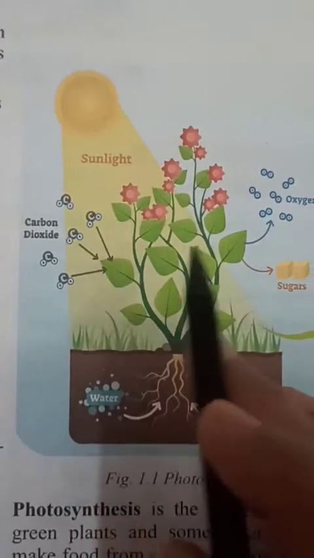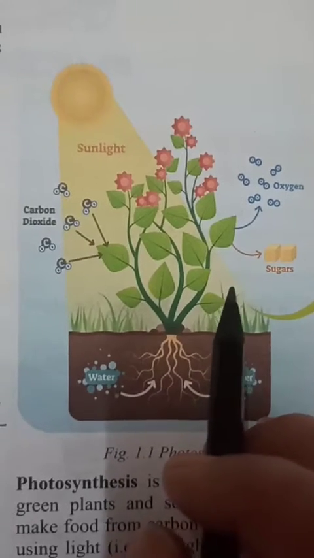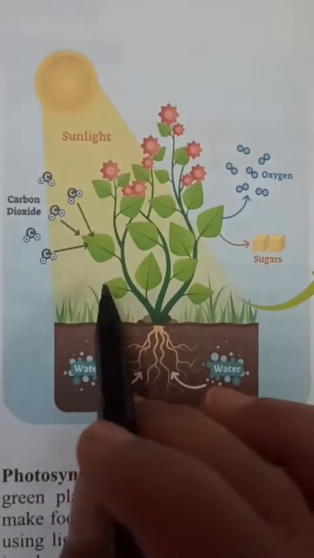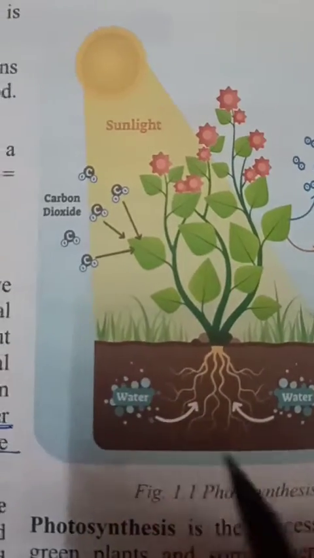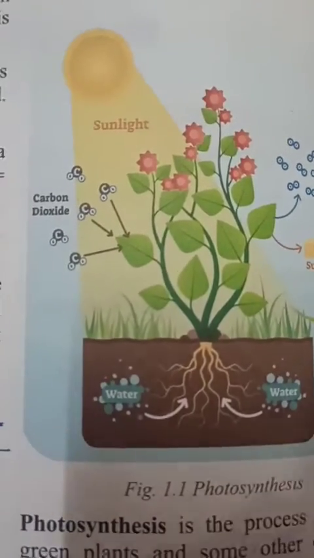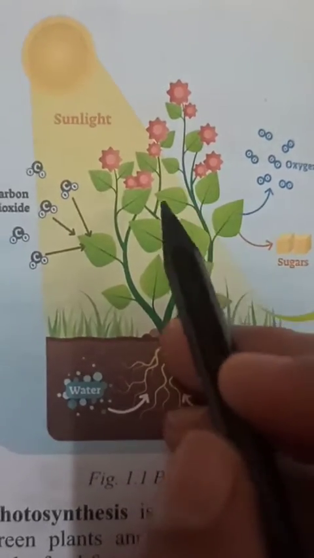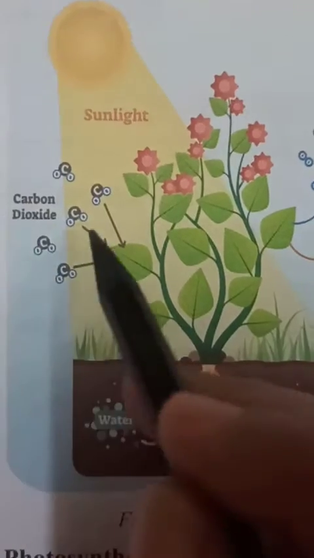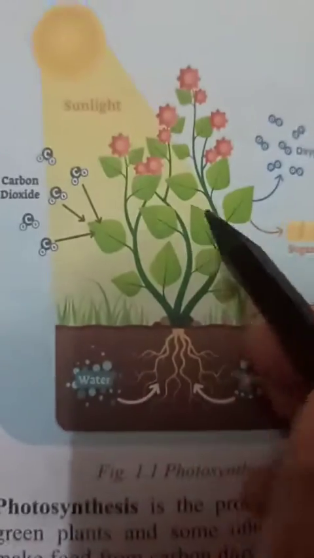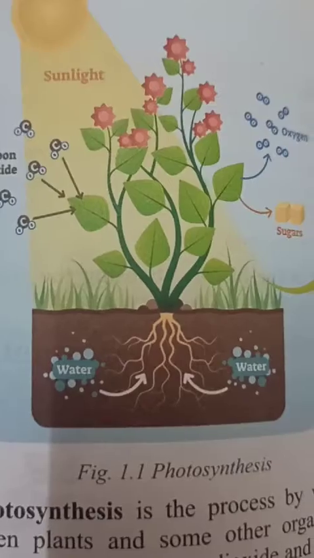Remember this diagram I explained to you in the first class of this chapter, how plants prepare their food by utilizing carbon dioxide, water, and in the presence of sunlight and chlorophyll, which is present in the green parts of the plant.